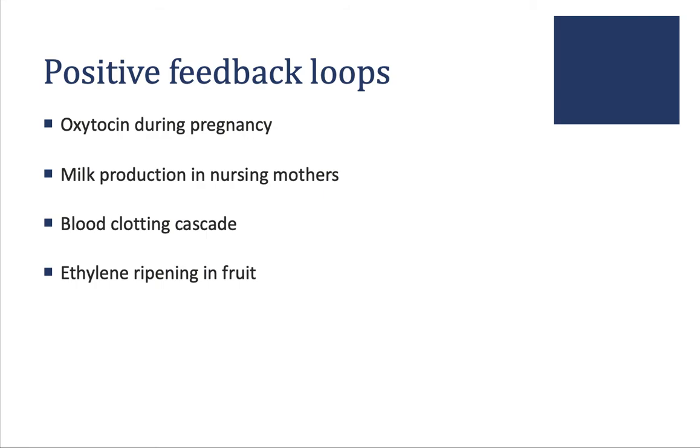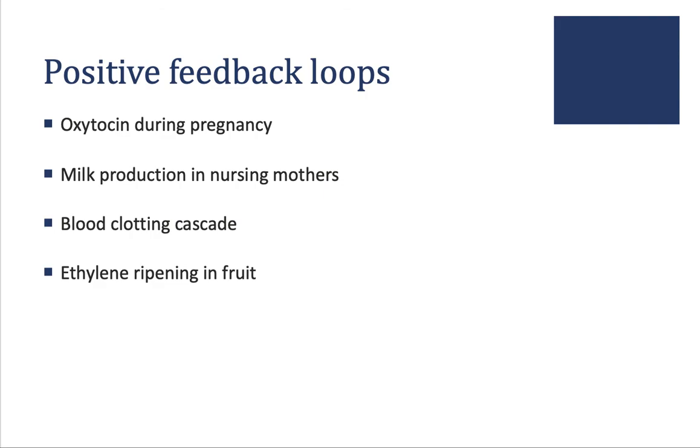Some real positive feedback loops are oxytocin during pregnancy. Once you start contracting because you're ready to start having the baby, the oxytocin levels rise, which makes you produce even more oxytocin, which makes you contract more, which makes the contractions go faster and stronger. Milk production or lactation in nursing mothers, same thing.